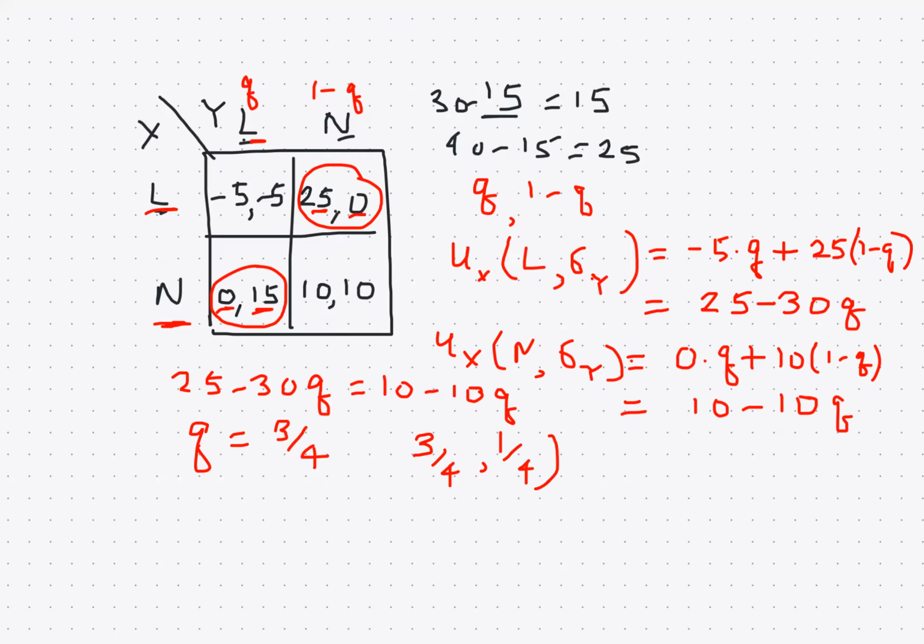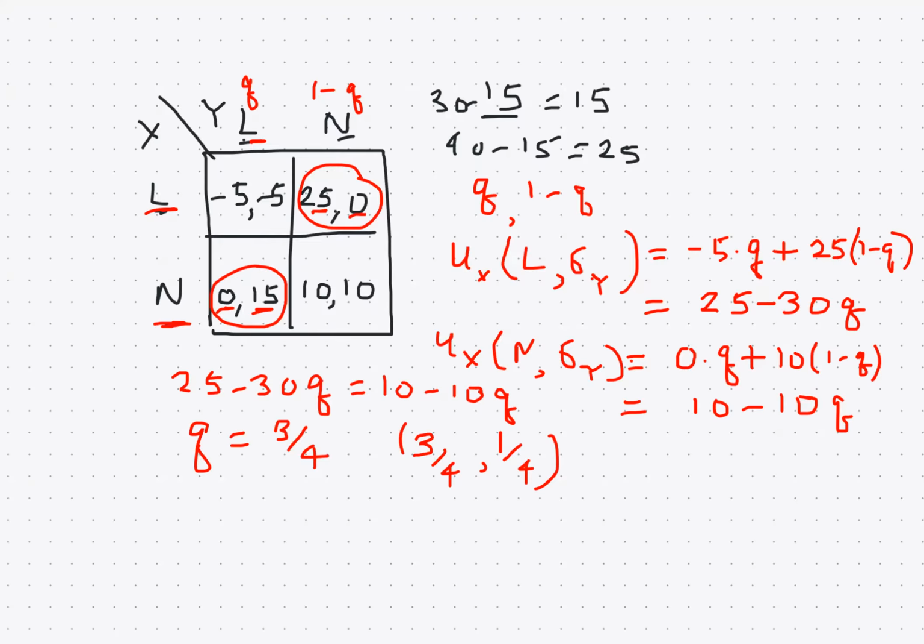So if firm Y is going to choose lobby and not lobby with these probabilities, then firm X has an incentive to randomize between its two pure strategies.